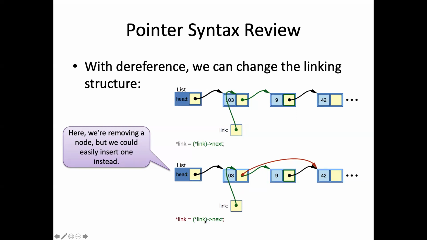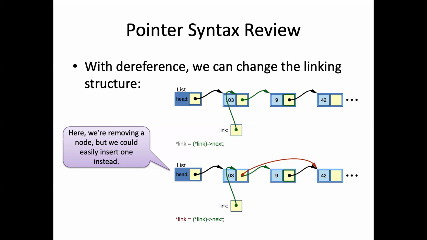And here's the syntax for doing that. Take link, dereference it, use arrow to get the next field inside the node it points to. And then if you copy that pointer into the pointer that link points to, then you've just made this pointer, like my little red arrow shows here, skip over this node. You've effectively removed this node from the list.